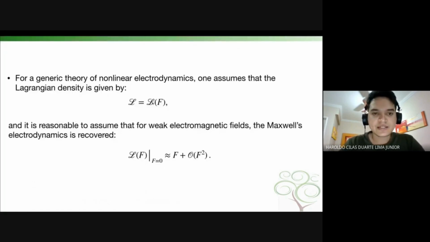Well, in general we can consider a nonlinear electrodynamics by assuming that the Lagrangian density is a generic function L of the scalar F. And it's reasonable to assume that in the weak electromagnetic field limit, Maxwell's electrodynamics is recovered, meaning that this function, as F approaches 0, just approaches F. In this way, we have a generic nonlinear electrodynamics.